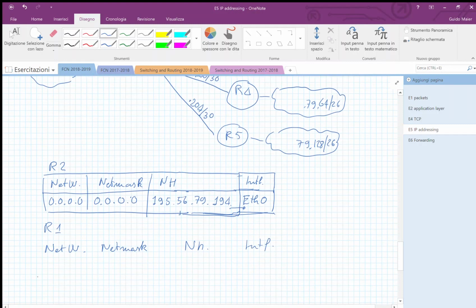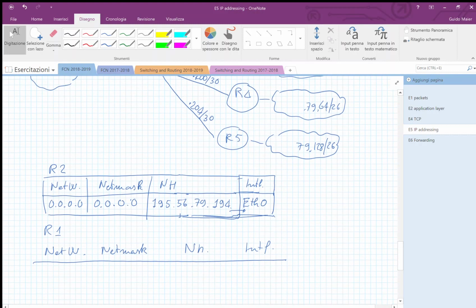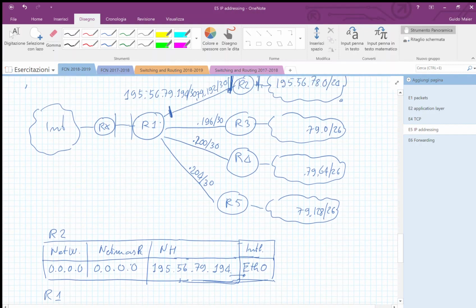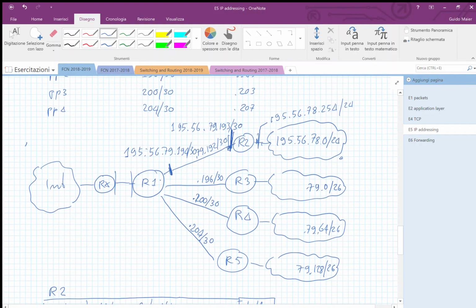Okay. So since we have already written here all the addresses of the subnets, I just have to report them and associate each address with the correct next hop address.